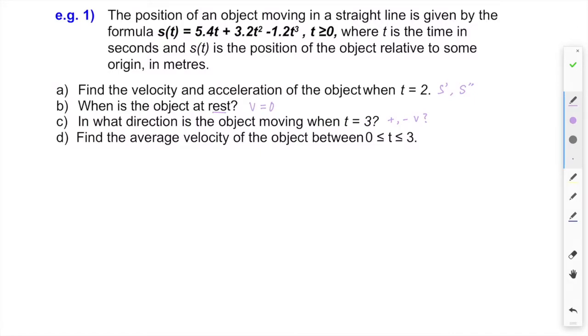In part D, however, since we're looking for the average velocity of an object, what does average mean? You add everything up, all the velocity up, and divide it by the total time. But does it really make sense? It doesn't, right? So in another way, we can think of, on average, we have traveled a total distance over 3 seconds.